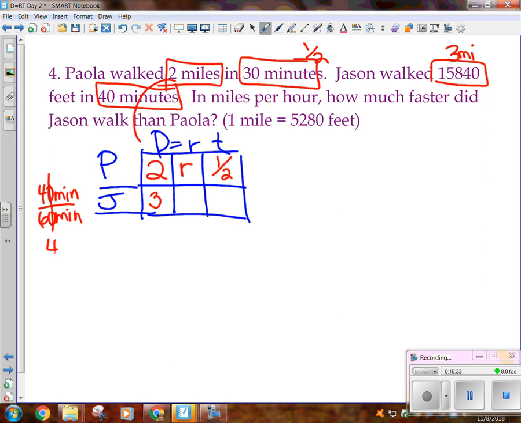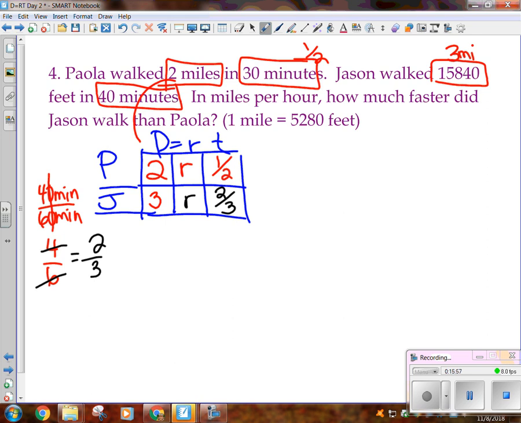Okay, cancel the 0. I end up with 4/6. That does reduce, but without a calculator, do you remember how to do it? 2 will go into 4 how many times? 2 times. 2 goes into 6 how many times? 3 times. That's the first time we've had a number top and bottom. So this time it's 2/3. I don't know how fast Jason walked, so I just put an R.